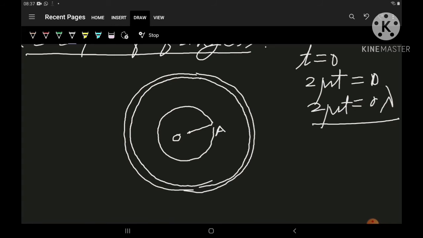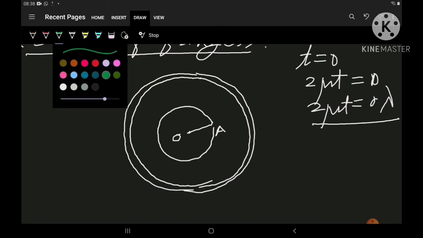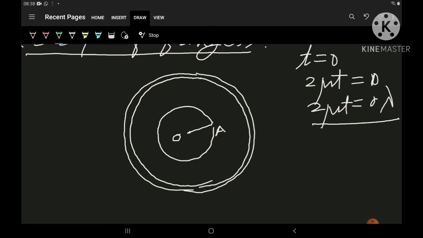So here at the point of contact we will find a dark circle. Suppose green light is used to show the dark circle, so you will get a dark circle this way.